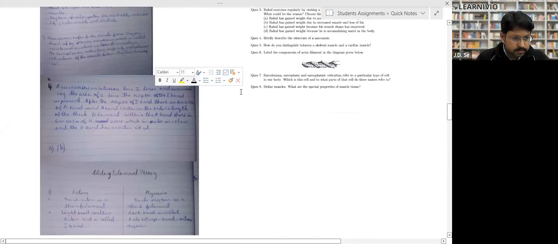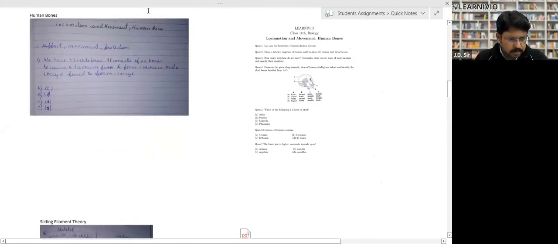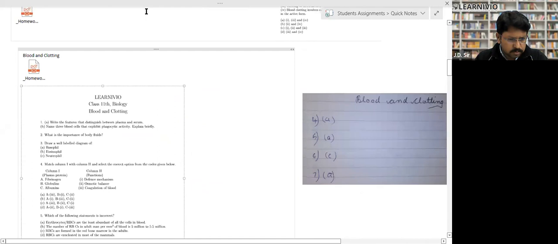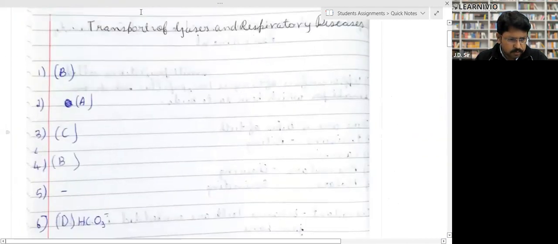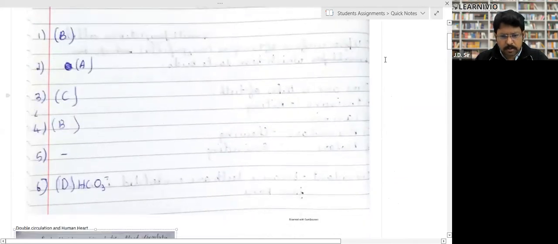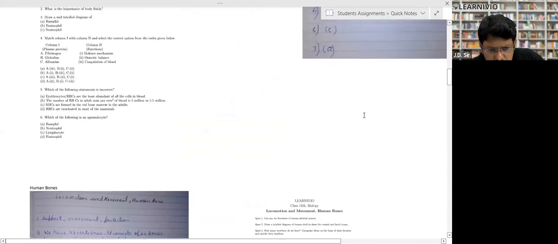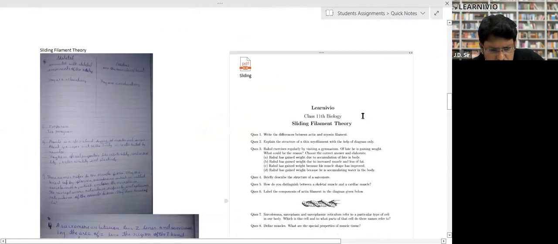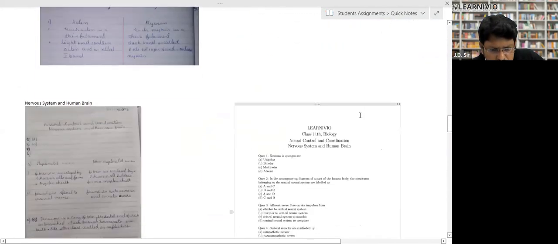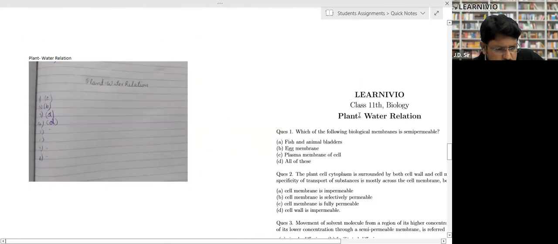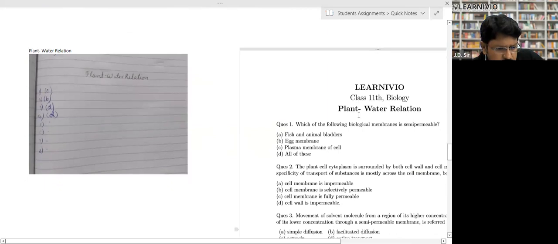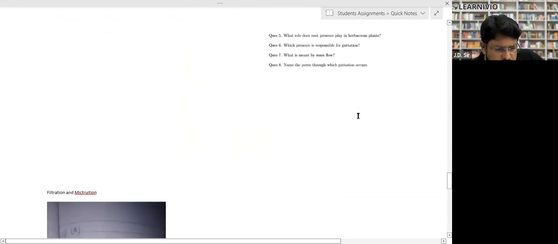Nervous system, sliding filament, locomotion, body fluid. These are the older ones. Where is your latest assignment? Blood and sliding filament theory. Plant water relation. Where is the next part of the plant water relation?